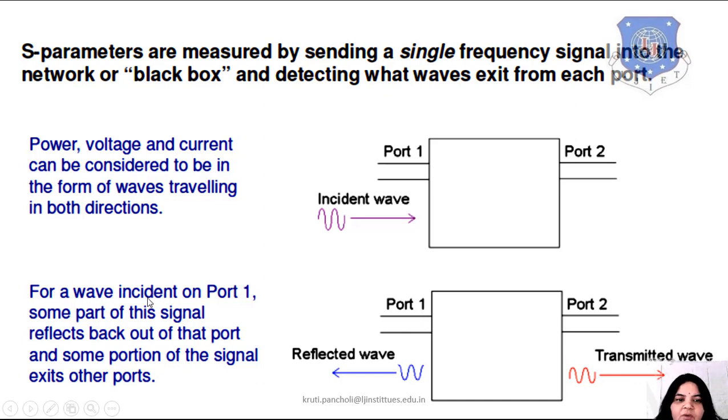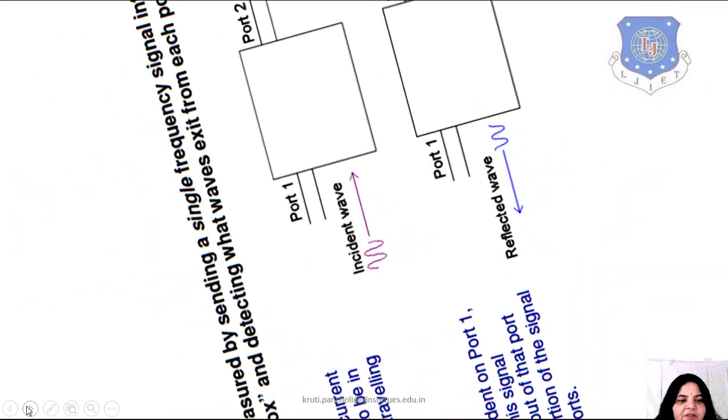For a wave incident on port 1, some part of the signal reflects back out from the port and some portion of the signal exits to the other port. So whenever you need to understand the parameter writing, this terminology should be clear to everyone.